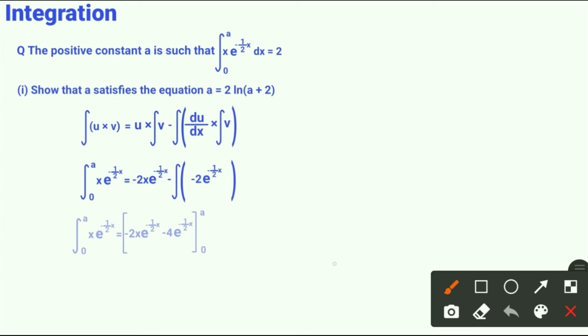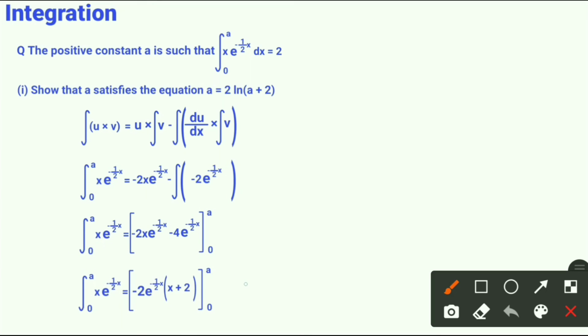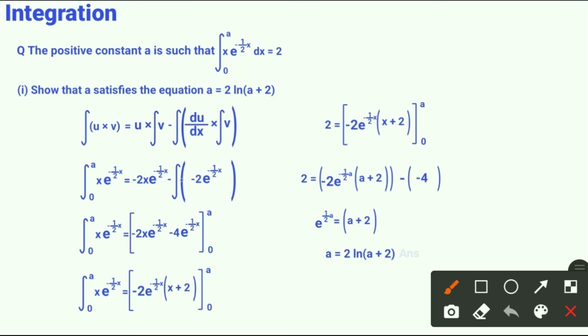Then we put it into the equation, and we did the integral of v, which is this one. You did differentiation of u and integration of v. Then you do the integral.